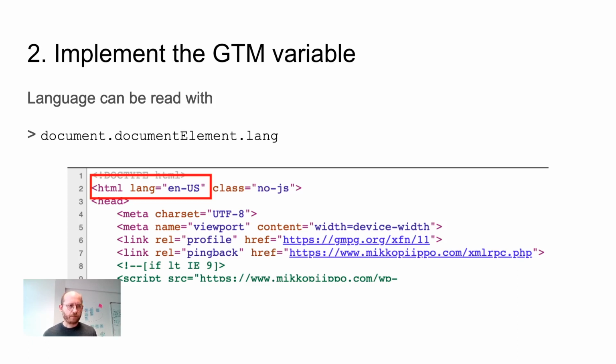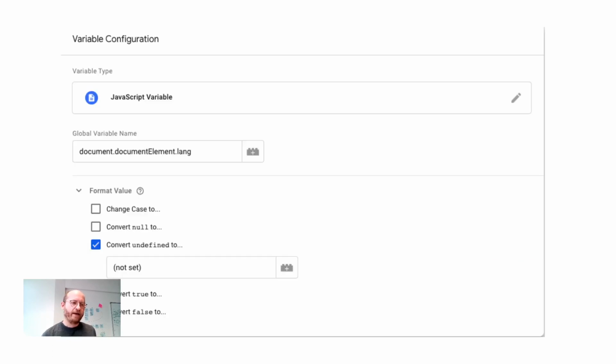First, let's start from a simple way. We want to have document language in Google Analytics. It can be found in HTML lang attribute, in this case en-us, and document.documentElement.lang is the variable name you need to track.